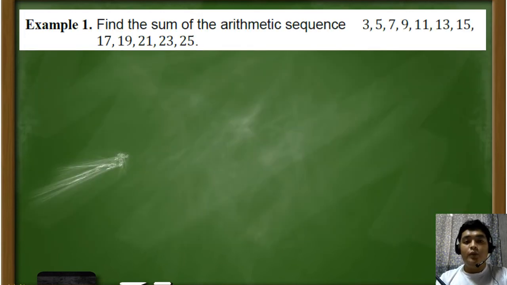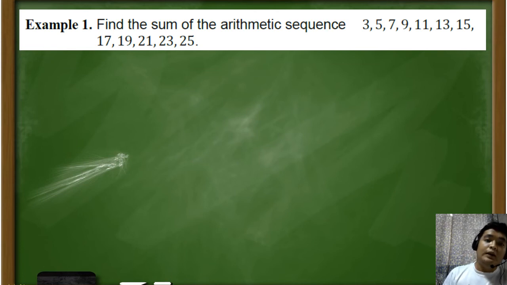So example 1. Find the sum of the arithmetic sequence 3, 5, 7, 9, 11, 13, 15, 17, 19, 21, 23, and 25. In our lesson 1, we just add everything: 3 plus 5 plus 7, up to 25. So this one, we will use a formula. Which formula, formula 1 or formula 2?